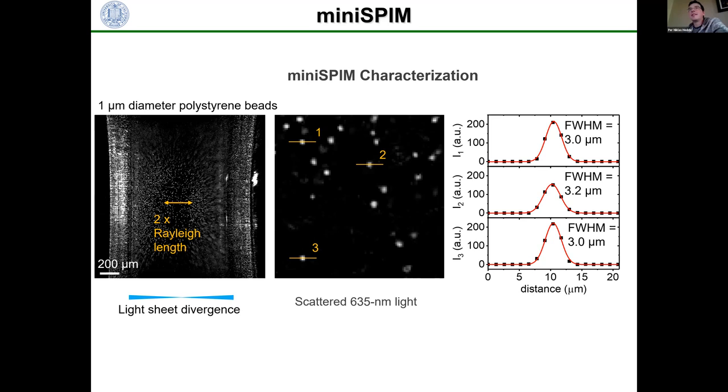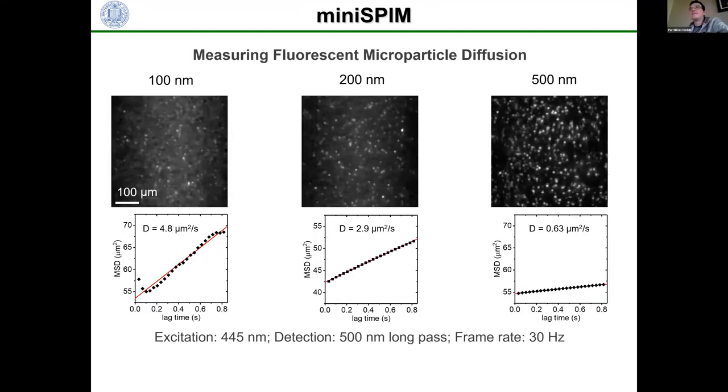If we focus on this region where we have minimal thickness of the light sheet, we can take the cross-section of the beads to characterize the resolution of this instrument, which was about 3 micron with the optics that we used. Okay, so what can we do with this?